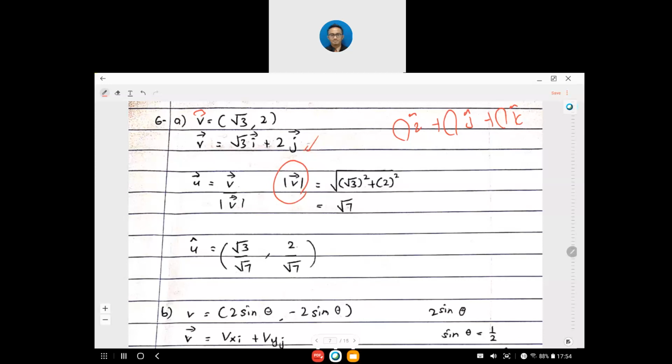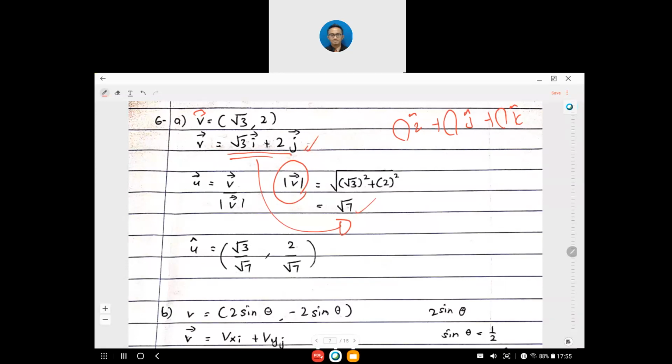What is your magnitude? Okay. So your magnitude is square root of 7. So you can get the unit vector, which is this vector divided by the magnitude. So you can get square root of 3 divided by square root of 7, comma 2 divided by square root of 7.